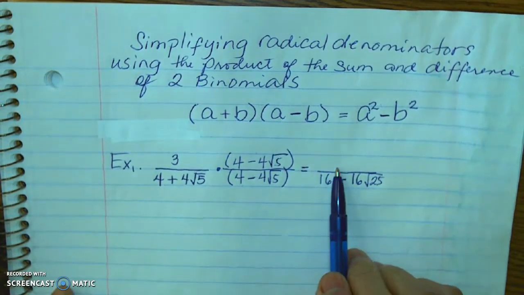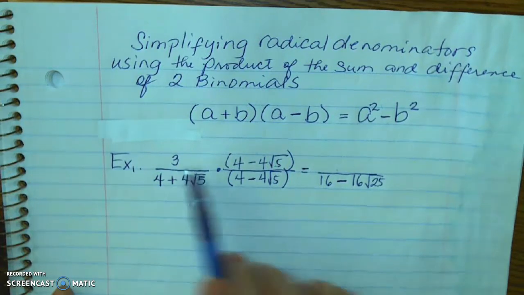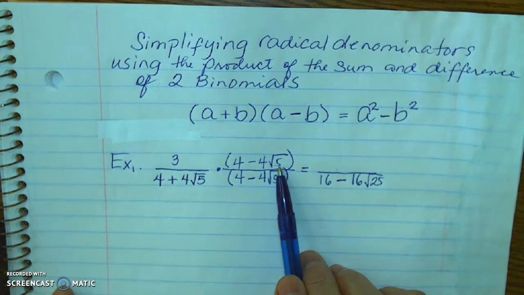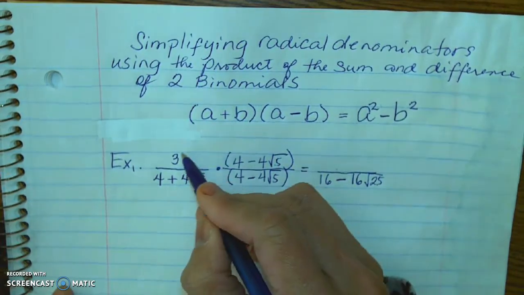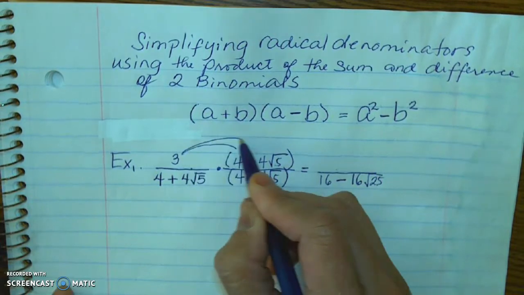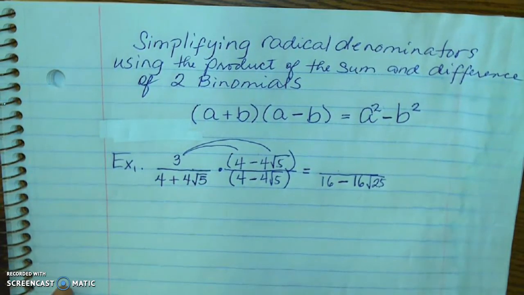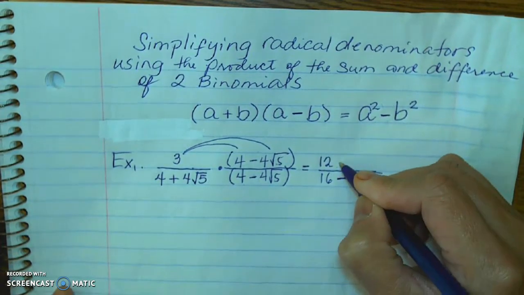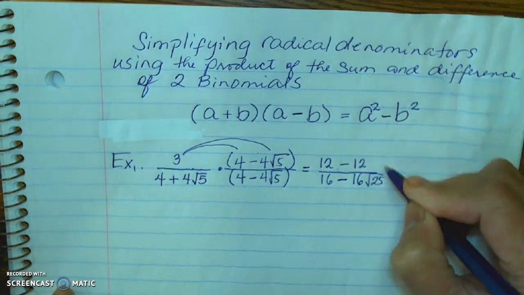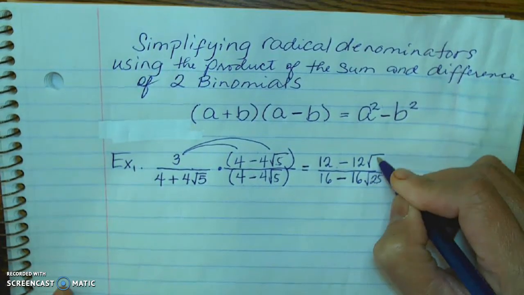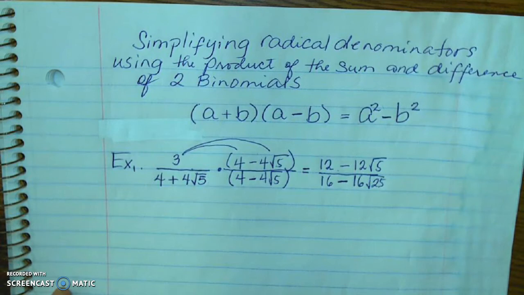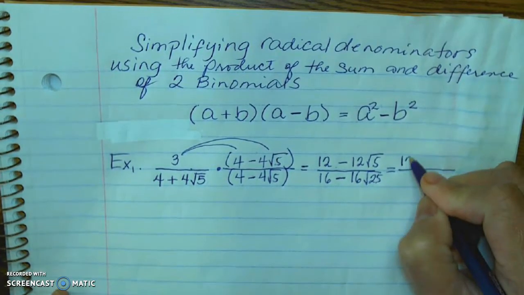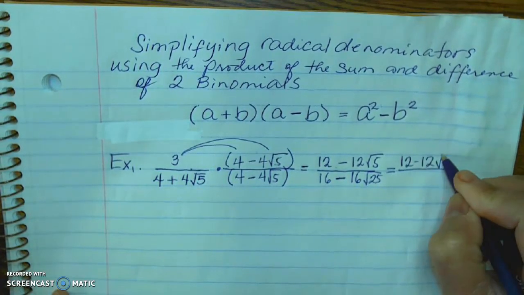On my numerator, please take note that this is 3 times quantity 4 minus 4 square root of 5. Therefore, the 3 is going to be distributed to both 4 and negative 4 square root of 5. That would now look like 12 minus 12 square root of 5.